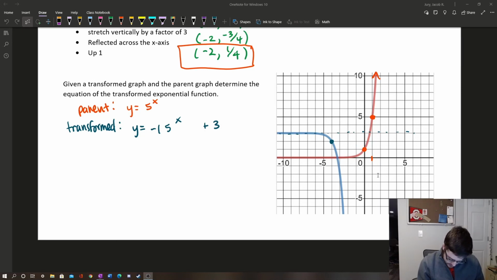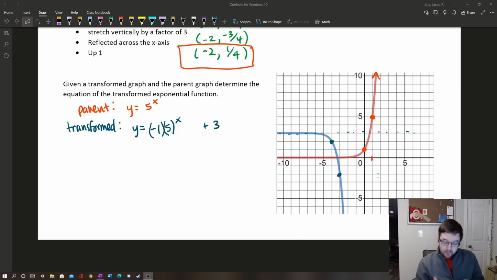And I can see that my graph, after finding a couple more points on here, hasn't been stretched at all. If it was stretched, then I couldn't find 2 points that were in the exact same locations, but just reflected and transformed. So that means I have no stretch, so my a value is just going to be 1, but it is going to be reflected. So I am going to have a negative 1 there.